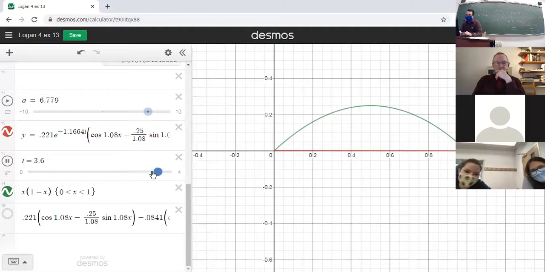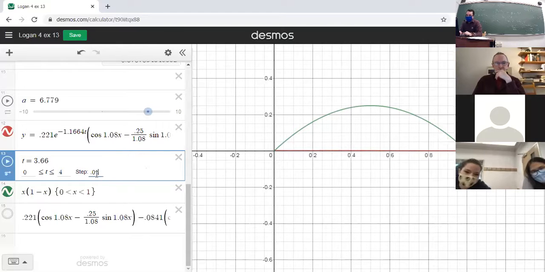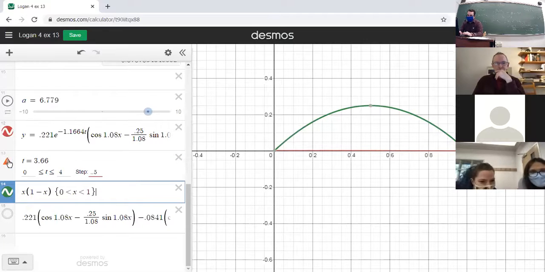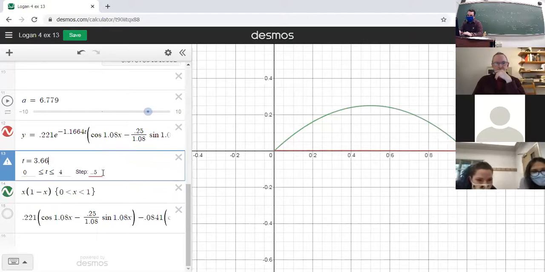So if I stop this and change it to a step size of like a half, you put 2 decimal points, and then if I go back to t equals 0, if you watch it at a speed closer to real time, then this is what you see.